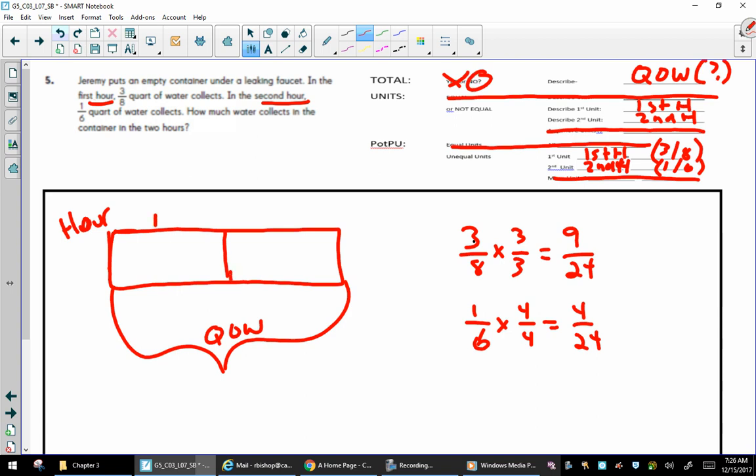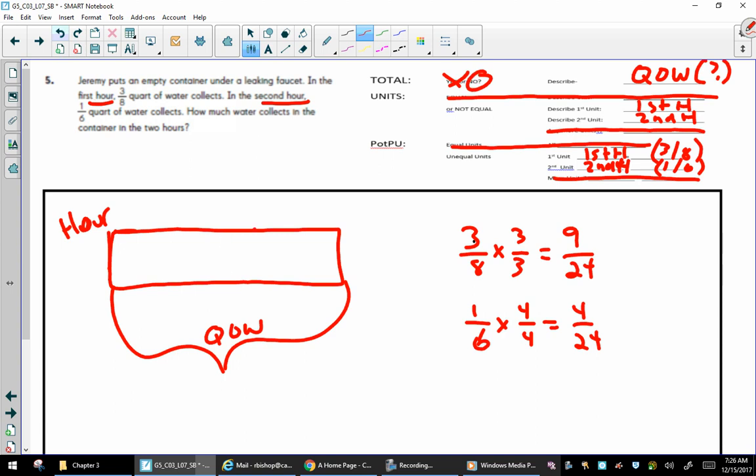Okay, so the first hour was 3/8 or 9/24 of a quart. The second hour, I gotta make that a little bit smaller than that.